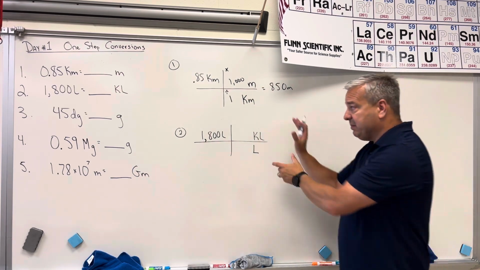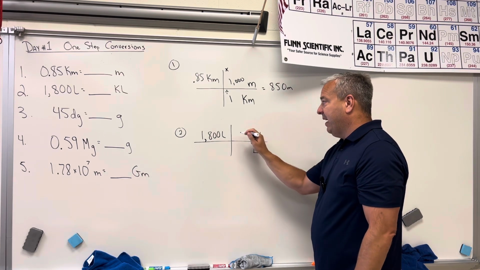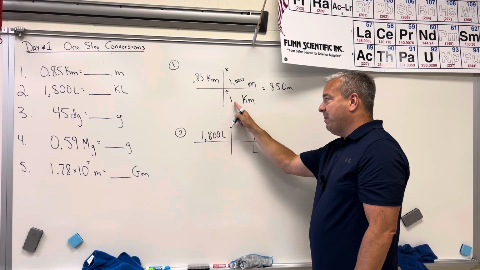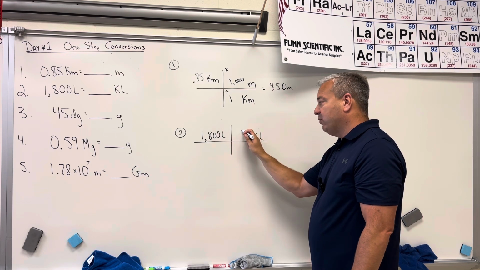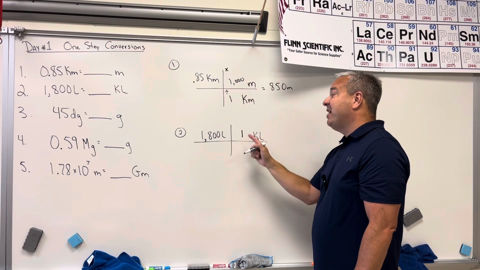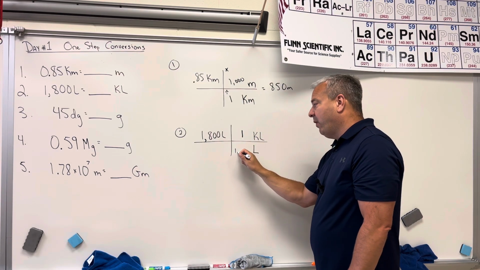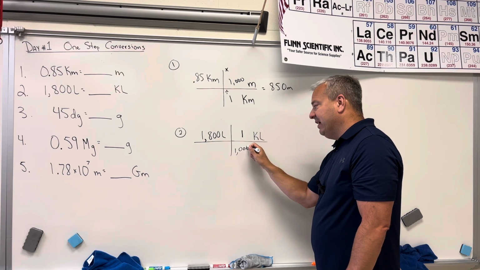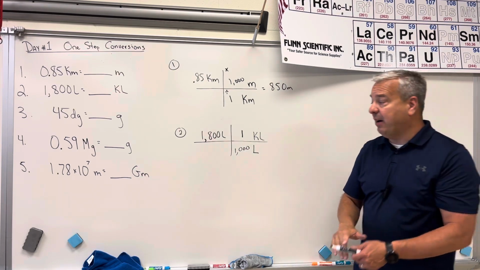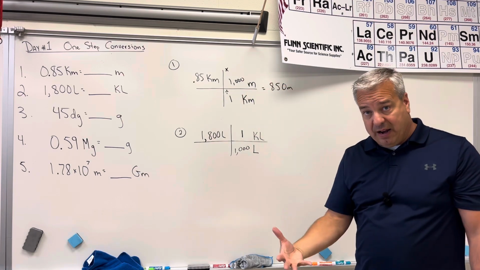But if you look at this problem, you're going to see that the kilo is now on the top, okay? So you have to make sure you match up the number appropriately. There's 1 kiloliter for 1,000 liters, the same way that there's 1 kilometer for 1,000 meters, okay? So you have to be careful. One of the things that people do is they end up flip-flopping these and they get the wrong answer, okay?